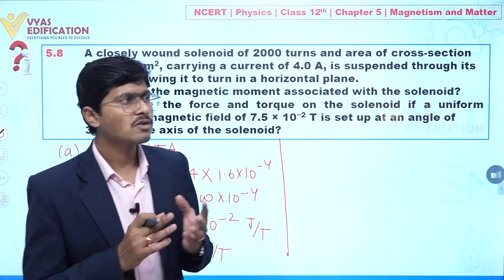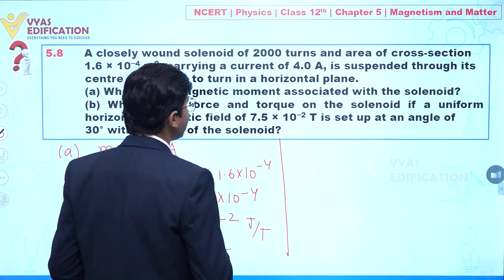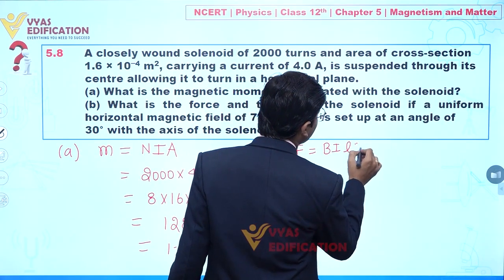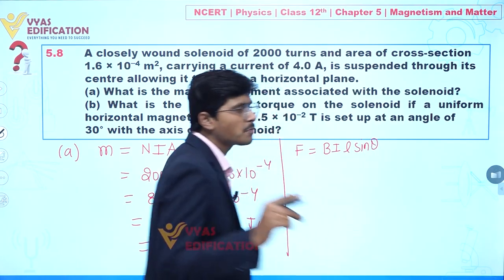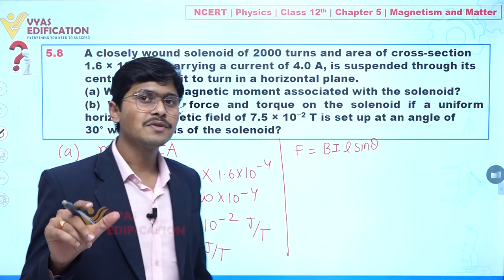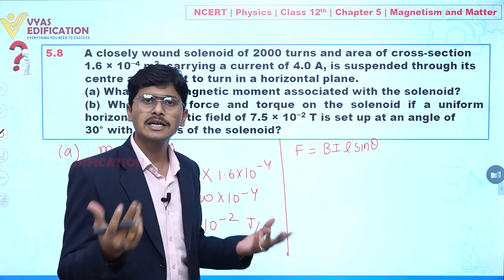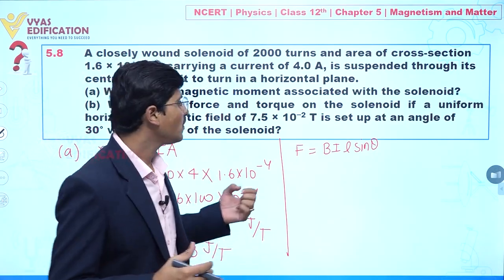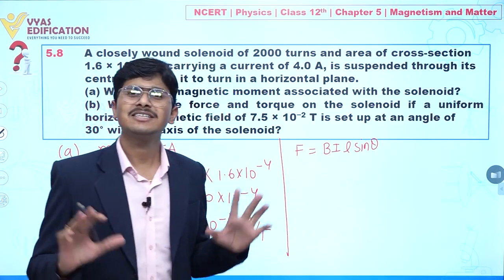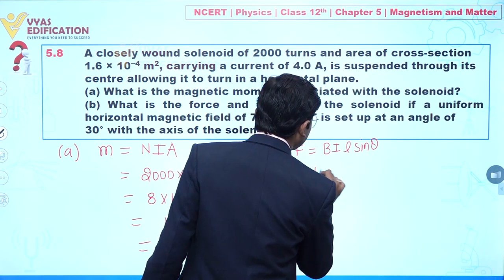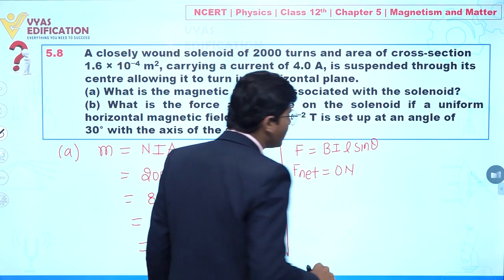If you calculate the total force by the formula F = BIL sin θ, for every small element the force is always acting either inward or outward, depending on the current condition, and you will find that the net force acting is 0. How is this possible?